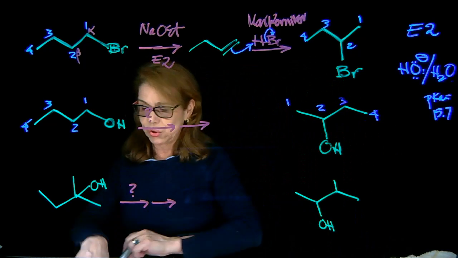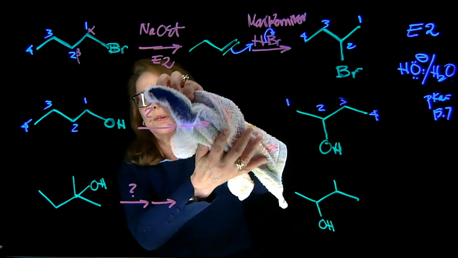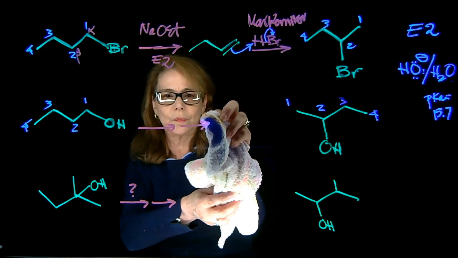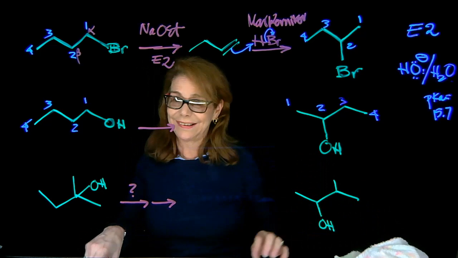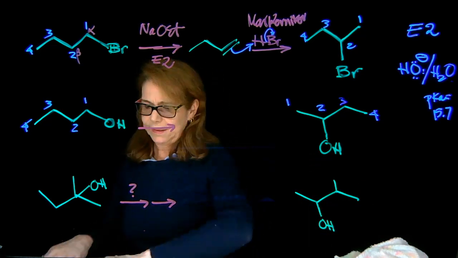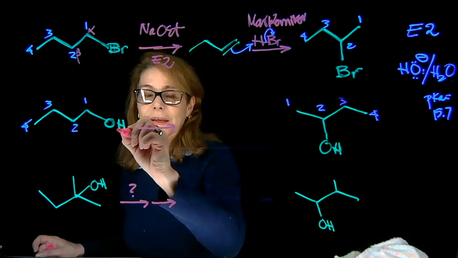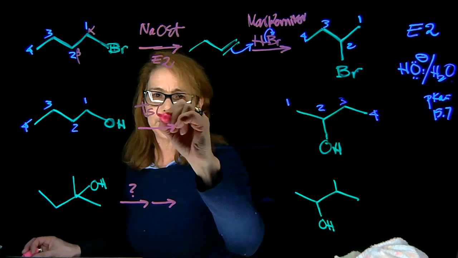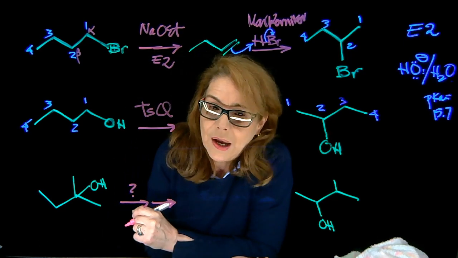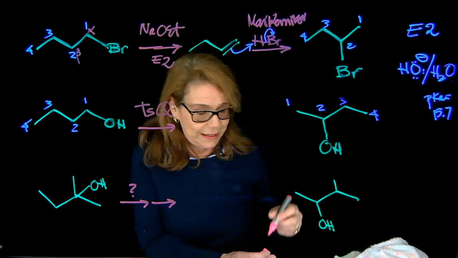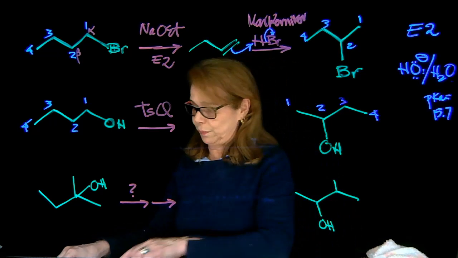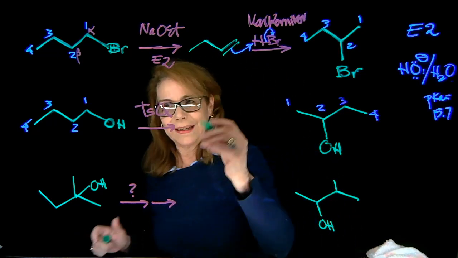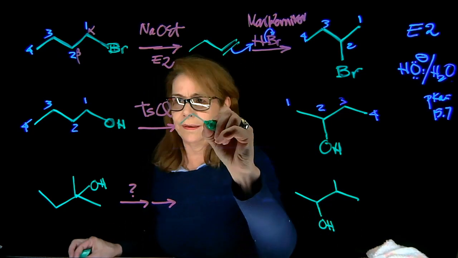One way in which we can do that and do the E2 elimination is by changing this for a better leaving group. We are transforming that into tosylate, which is a good leaving group. That way, we are going to be making the following.